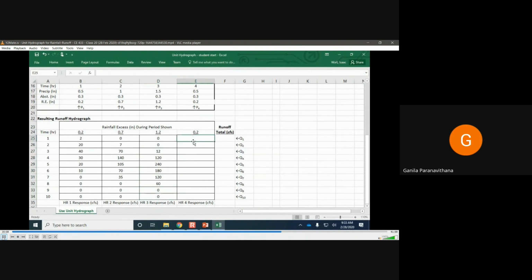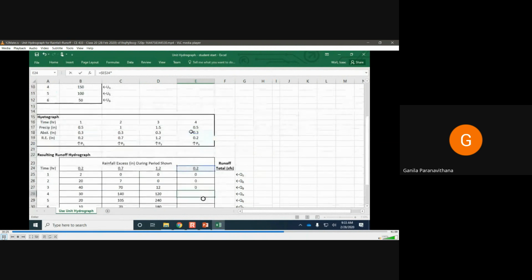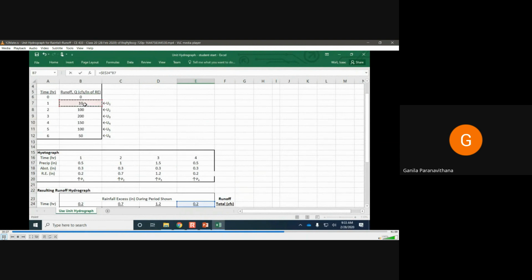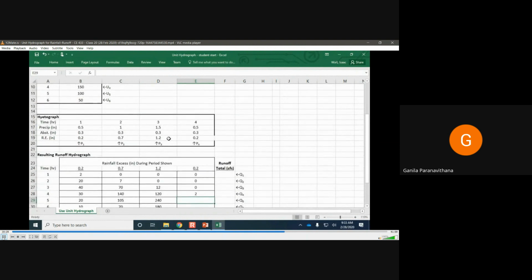And then for the last, we have 3 hours where nothing occurs because this 0.2 inches of rainfall excess comes at the end of a sequence. So then in the 4th hour is when we begin to see the effect of that. And at first, it's going to occur over the area that's closest to the outlet.